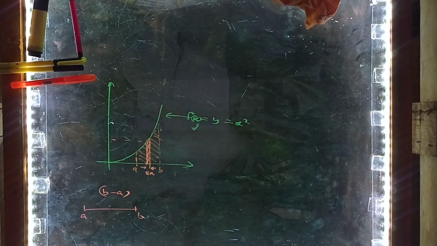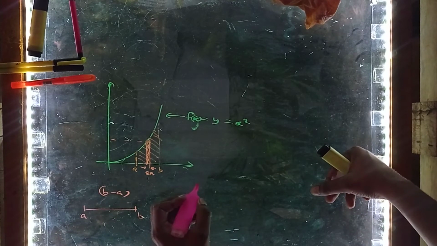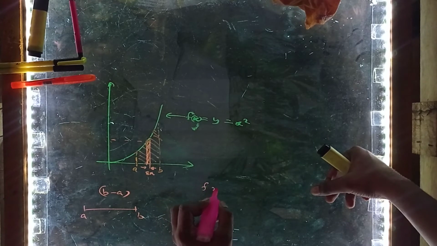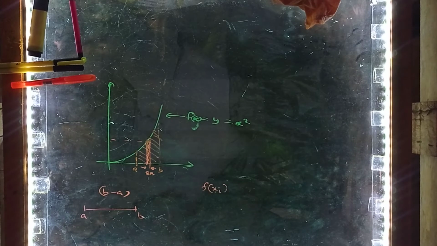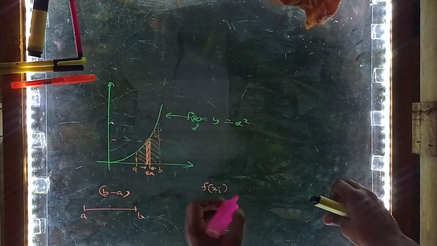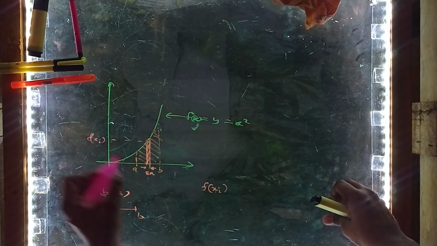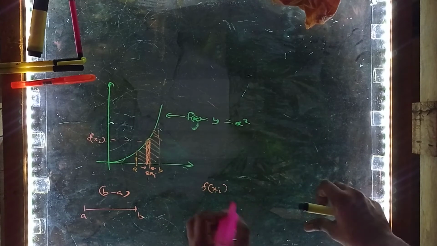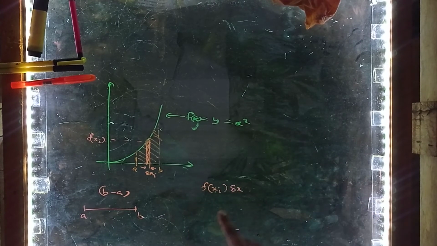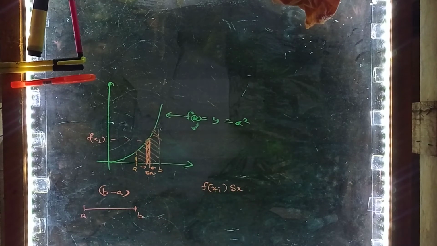So now we have an idea here. f of xi is the codomain, the height, times delta x, which is the width, smaller and smaller.